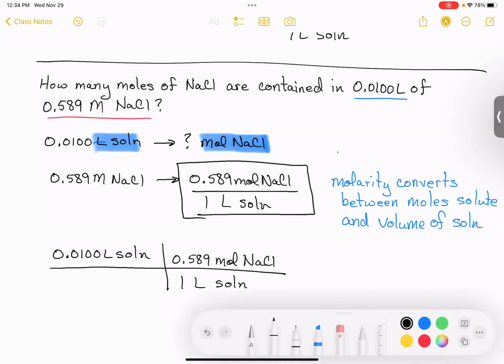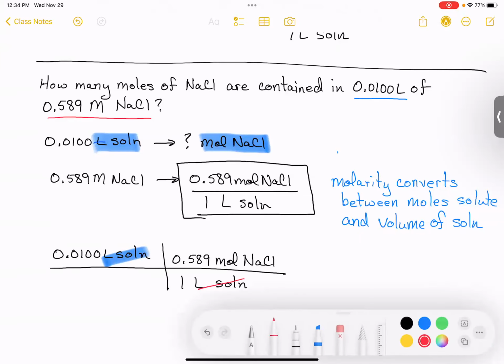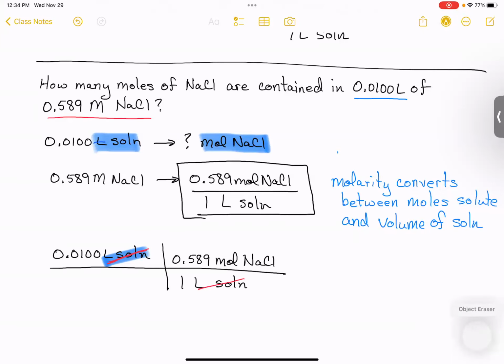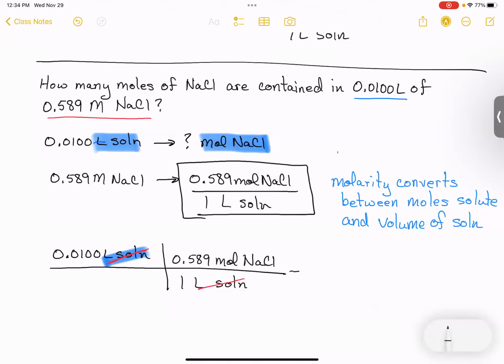You place the liters in the denominator so that the unit and the substance will cancel out. And you come up with 0.00589 moles of NaCl.